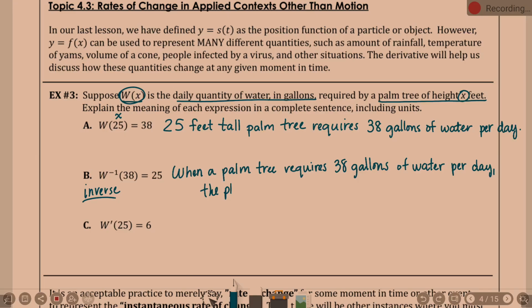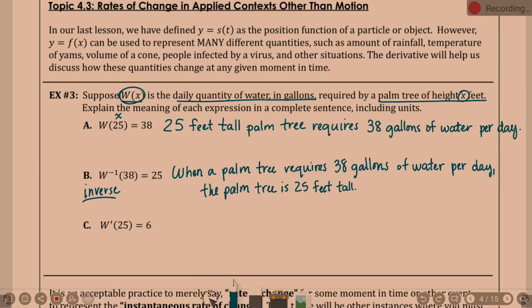The palm tree is 25 feet tall. Okay, that's your inverse. So when you see that negative 1 exponent, that's your inverse, and you're just reversing input and output.